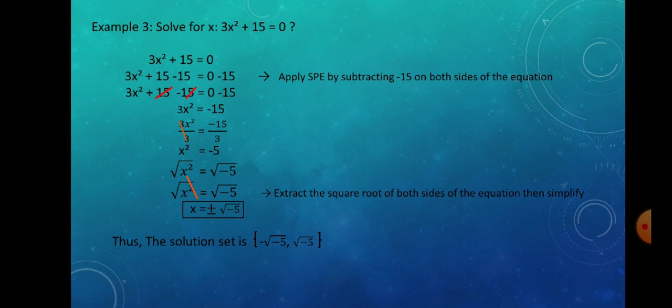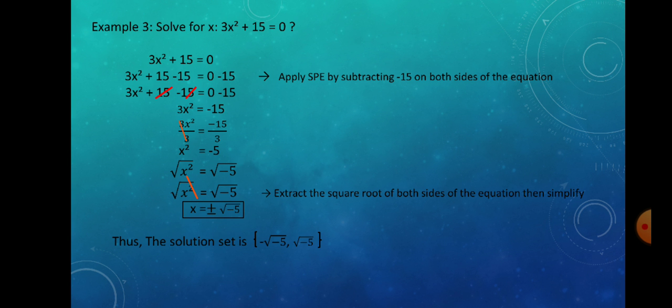Then, to eliminate the 3 and leave x squared, we divide both sides by 3. So, the equation will become 3x squared divided by 3 is equal to negative 15 divided by 3. Cancel the 3. So, what is left is x squared. Negative 15 divided by 3, the answer is negative 5. Then, extract the square root of both sides.